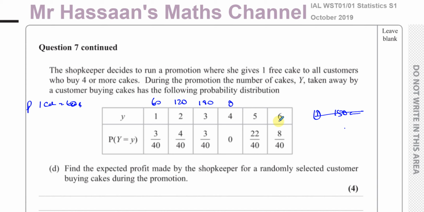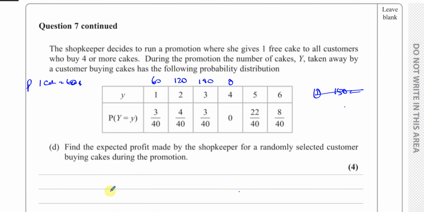The profit is going to be the selling price, 5 times 60 minus the actual cost. They're taking 5 cakes, but they're paying for 4 cakes.